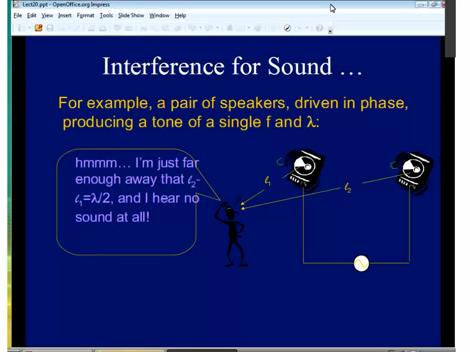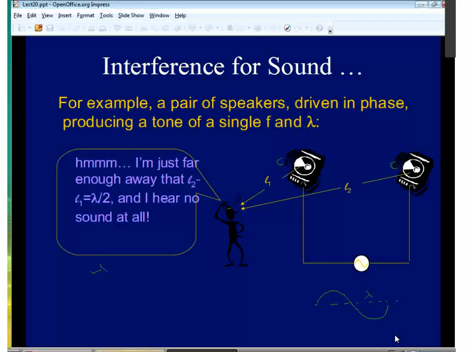If the path difference happens to be lambda by 2, you should be able to convert path difference to angle difference. A wavelength is just like saying one full revolution. A length of wave is just like saying one full revolution.